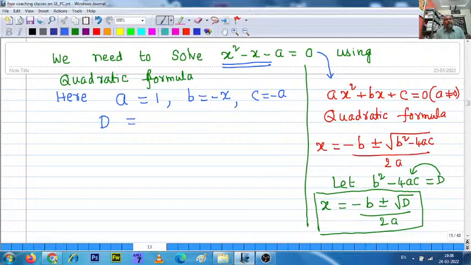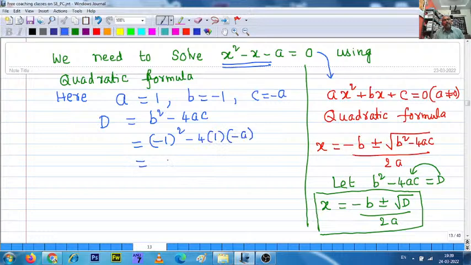So d is nothing but b square minus 4ac. My dear students, here b is equal to minus 1. Generally we write minus x, but don't write minus x. So b square is minus 1 square, and minus 4 times 1 times c, which is negative a.